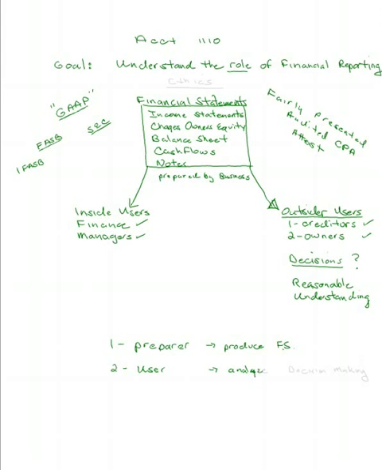And these are people that take the statements and analyze them. Users take financial statements and analyze them and answer investment decisions. They use them for decision making. So mostly we'll be the preparer, but occasionally we'll flip to the user.